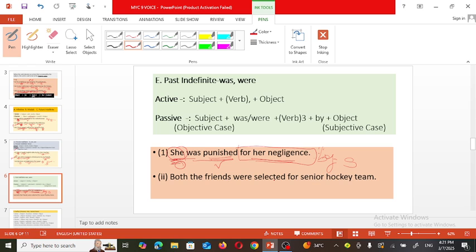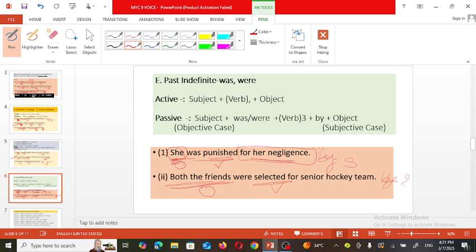Both the friends were selected for the senior hockey team. By whom? Again, that is missing here. But selected is the verb, and this selection action is done on both the friends, so that is the object.